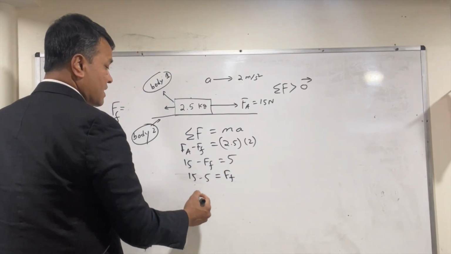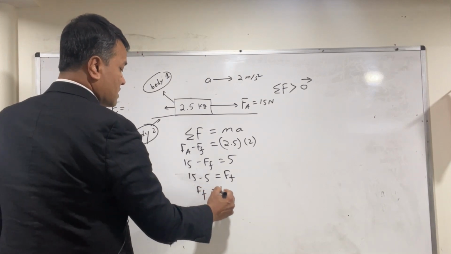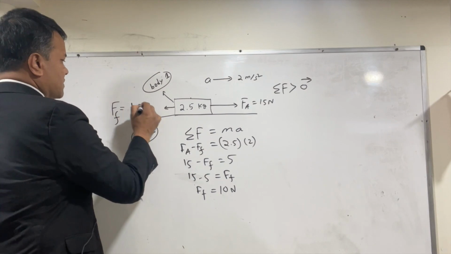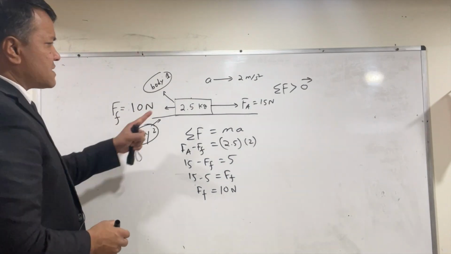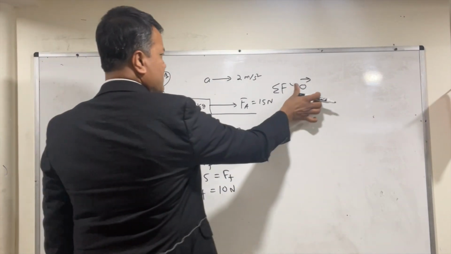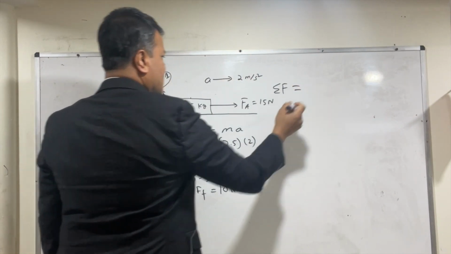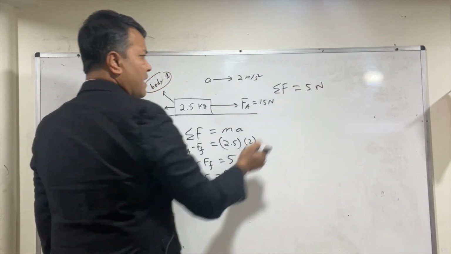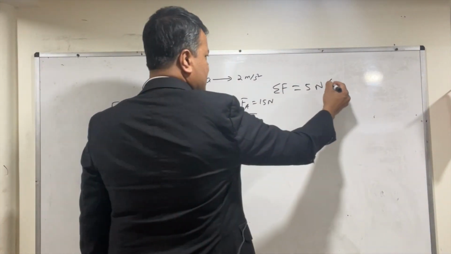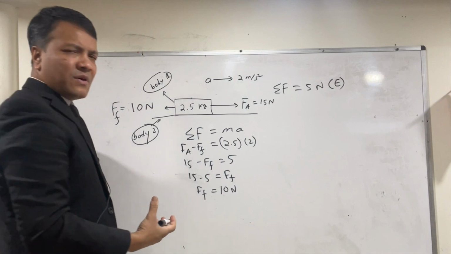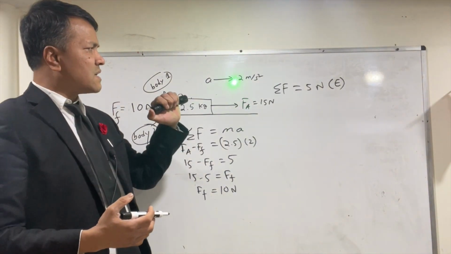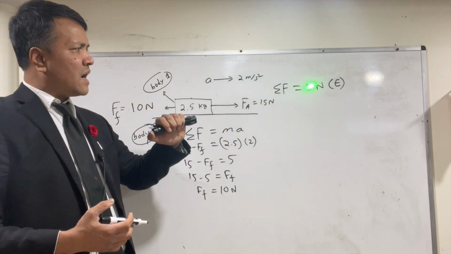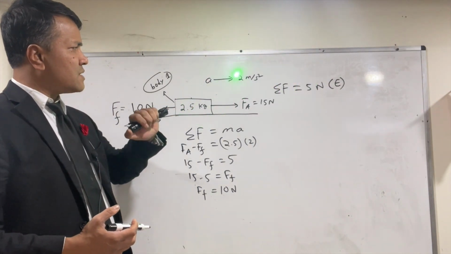So Ff is how much? 10 Newton, of course. So you write 10 Newton. Now you exactly know what the net force is. Net force is 15 minus 10, which is 5 Newton. 5 Newton is the net force to the east. Therefore, the box is accelerating 2 meters per second squared. You can check it. 5 divided by 2.5 is 2.